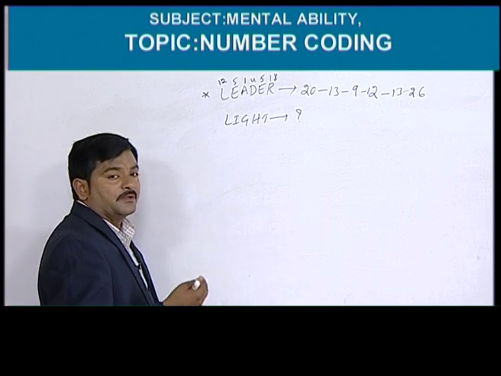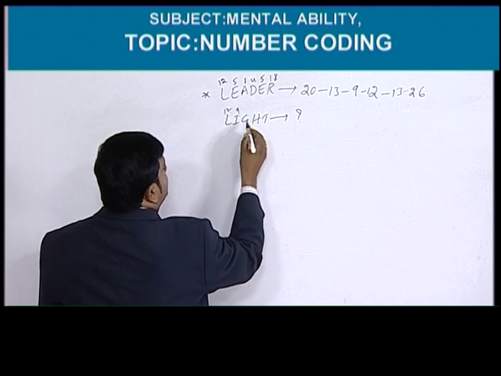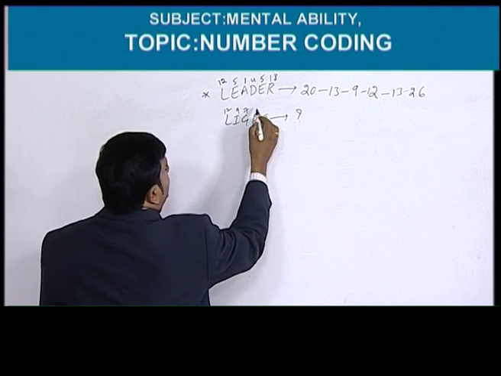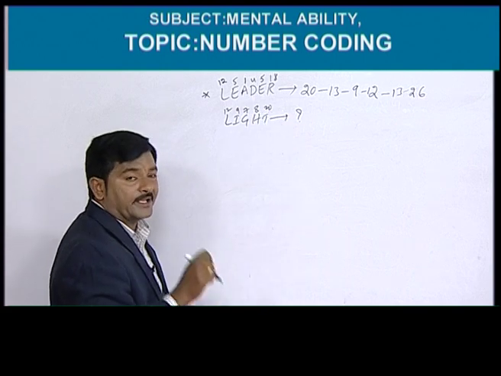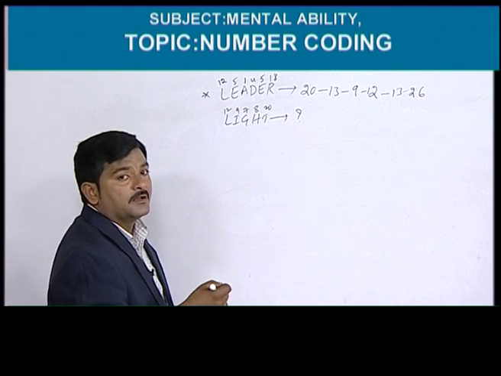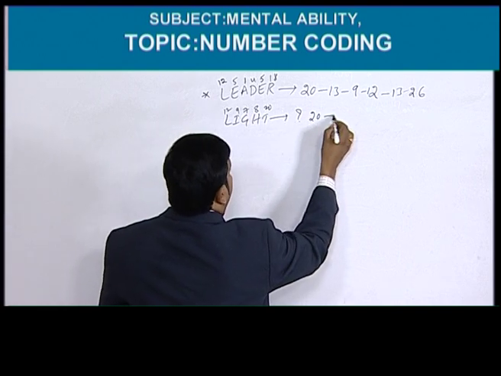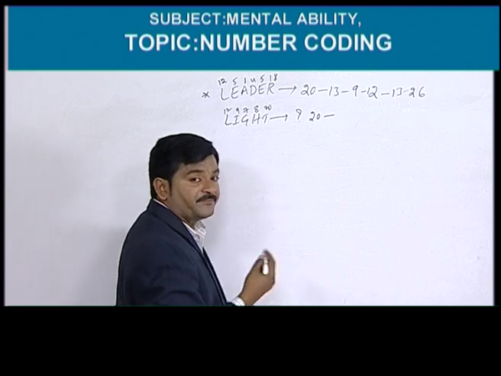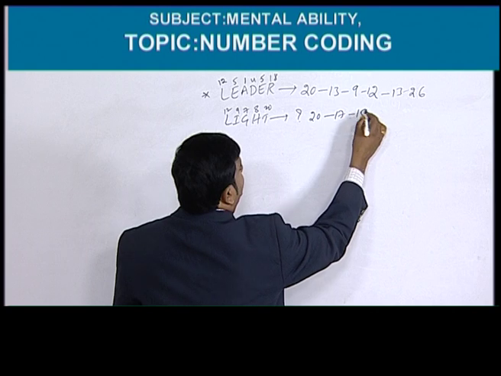Similarly, we need to take the corresponding alphabetical numbers. For that number, we need to add plus 8. L means 12, I means 9, G means 7, H means 8, T means 20. Add plus 8 to each and every letter. Now what will you get? 12 plus 8, again 20. 9 plus 8, 17. Similarly, 7 plus 8, 15.